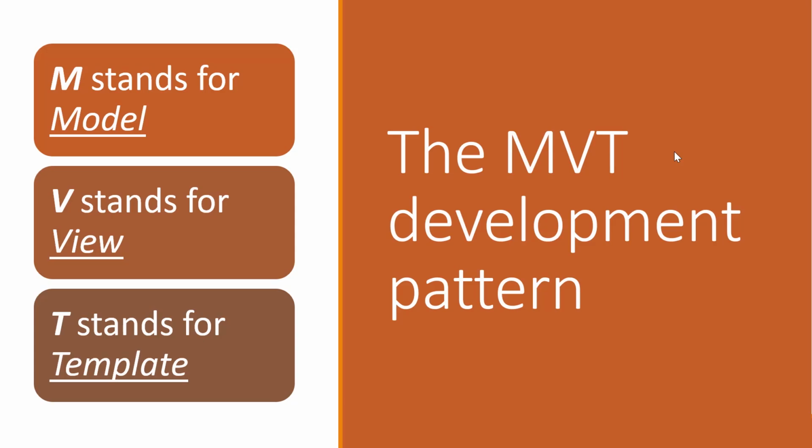So in MVT, M stands for model, V stands for view, and T stands for template. Till now, we have already discussed and understood how the view and template work in Django, but we haven't discussed how to use models. So models in the Django architecture pattern serve as a data interface. It acts as a database that serves as a logical data structure for the entire application.